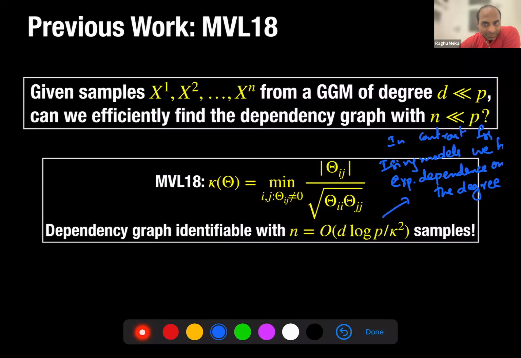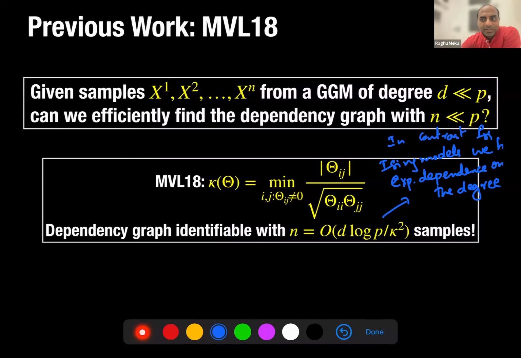Whereas for GGMs, which are very similar in spirit, you get samples from a distribution and try to learn a dependency graph, you can, information theoretically at least, get linear dependence on the degree and log dependence on the dimension. For Ising models, at best you can get exponential dependence on the degree, log dependence on the dimension. Any questions about this?